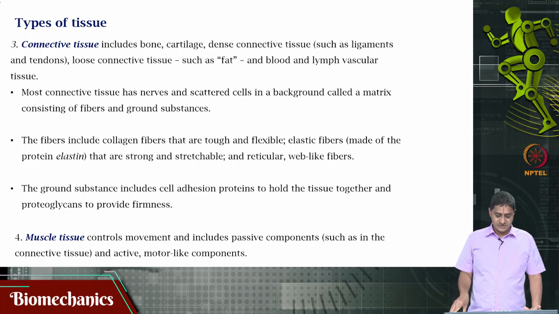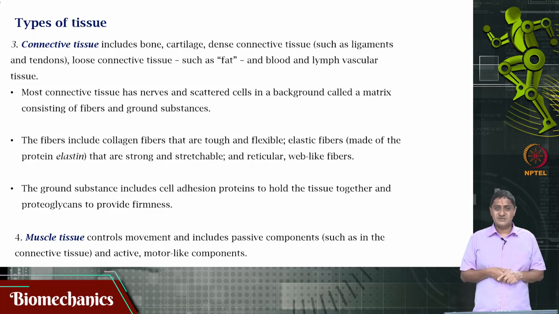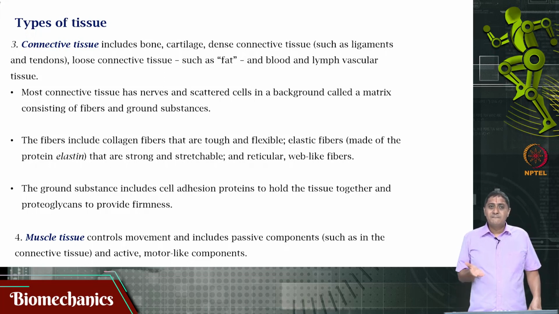Most of the connective tissues have nerves and scattered cells in a background called a matrix. So, there are some substances spread around, and they consist of fibers and some background substances or ground substances. These fibers can be of different types. They include collagen fibers that are relatively tough and flexible, and elastic fibers.